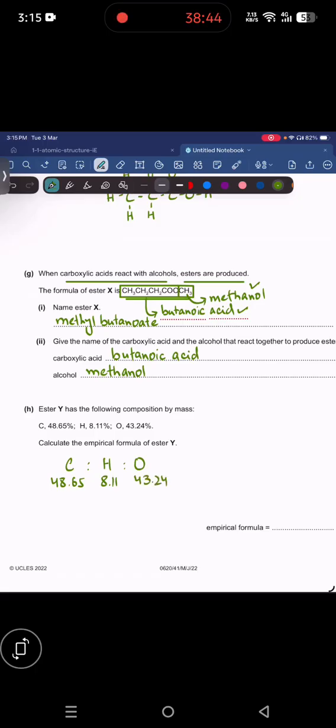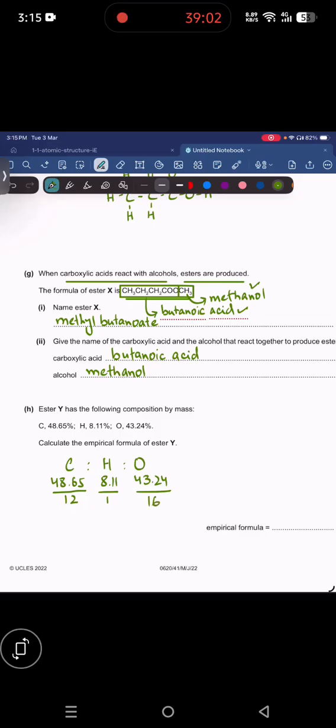Now you have to divide these percentages by the atomic masses to find the empirical formula. So carbon divided by 12, hydrogen divided by 1, oxygen divided by 16.